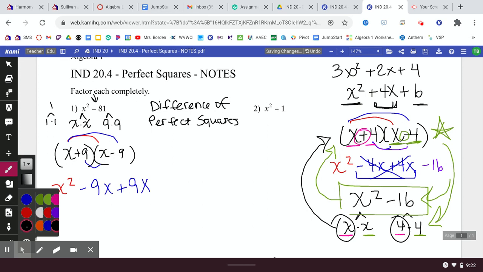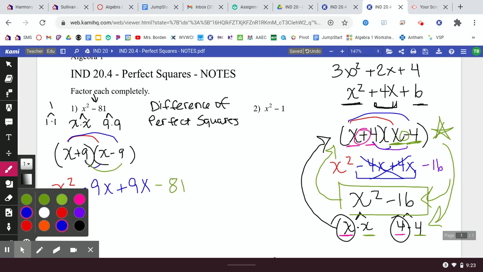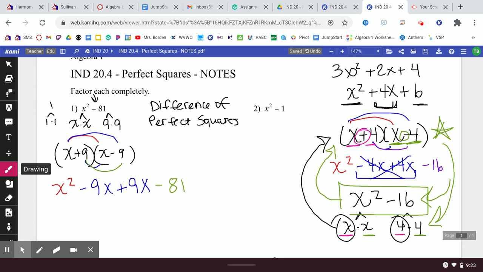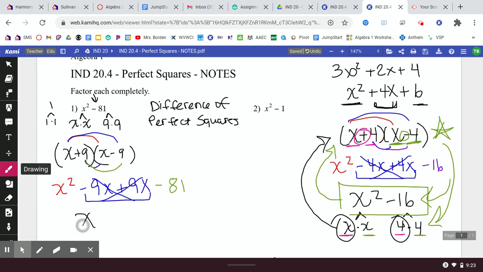And then the last thing is taking the last times the last, and a positive 9 and a negative 9 multiply together to give you negative 81. And then, we know this from our FOIL lesson, we combine these middle terms. Plus 9x and negative 9x cancel each other out. And so what you're left with is x squared minus 81, which is what we started out with up here.